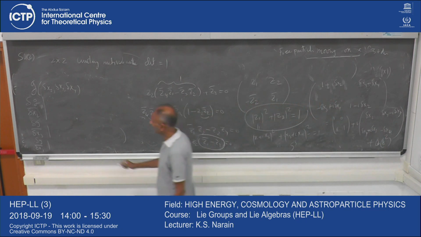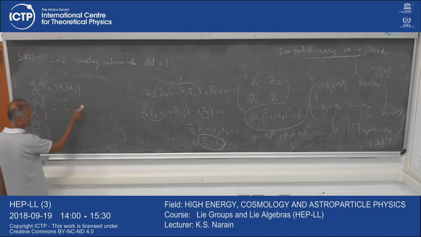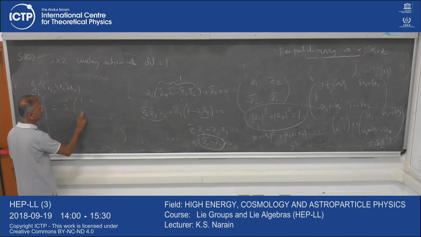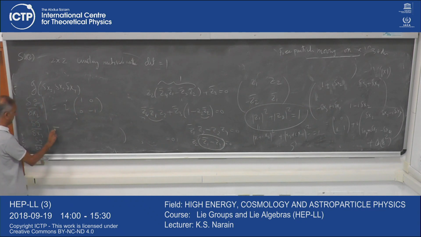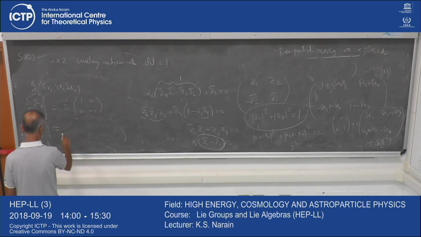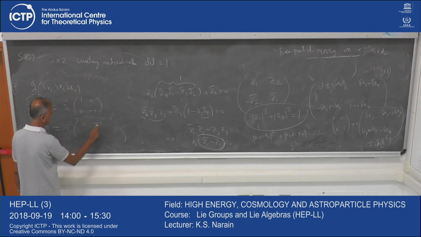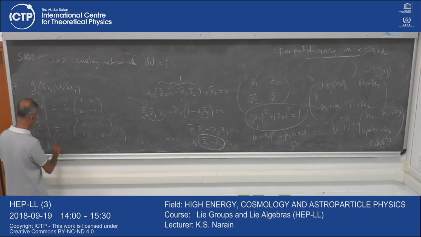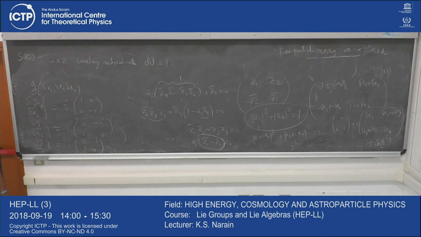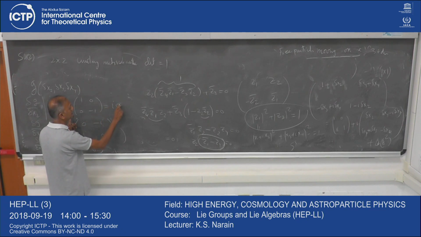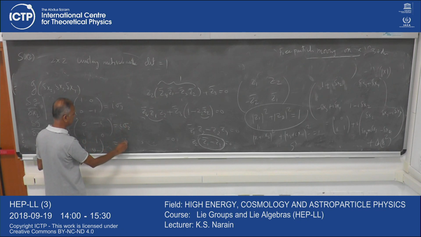So this gives me, with an I in front everywhere, 1, 0, 0, minus 1. X3 gives me I, 0, minus I, 0, sigma 2. And the x4 variation gives me I, 0, 1, 0. These are the 3 Pauli matrices. So this is I times sigma 3, this is I times sigma 2, and this is I times sigma 1.